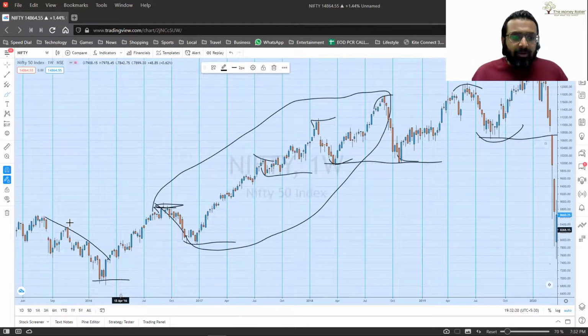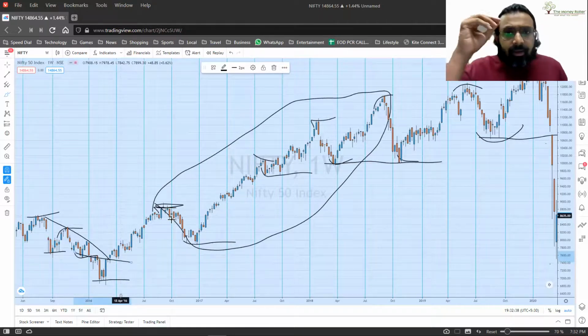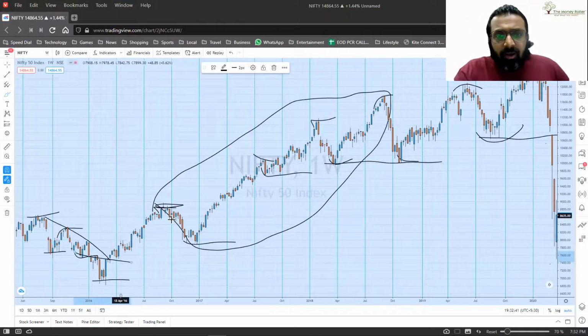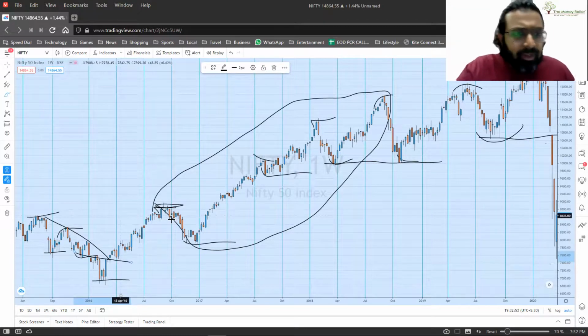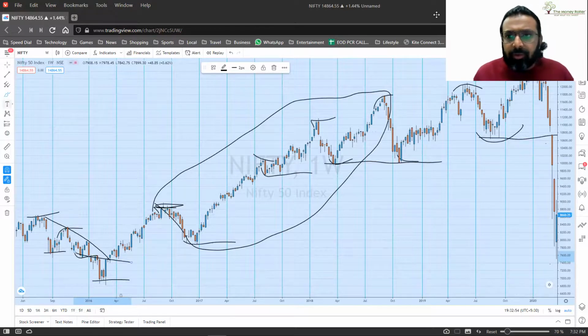Now, typically in a downtrend, the stock makes a lower top, a lower bottom, another lower top, another lower bottom, and then once that lower bottom gets taken out, the trend changes. This is a very simplified way of identifying what trend is going on in the market. Sometimes there can be traps also, because this theory is not an exact, perfect theory, and the market does tend to trap people also.